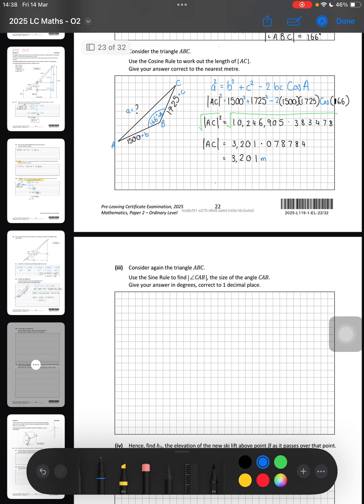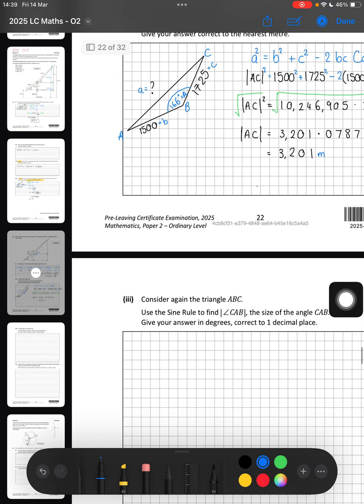Now consider again the triangle ABC. Use the sine rule to find the angle from C to A to B. So I'm going to draw another sketch of my triangle. I just actually want it to be fully in the box.